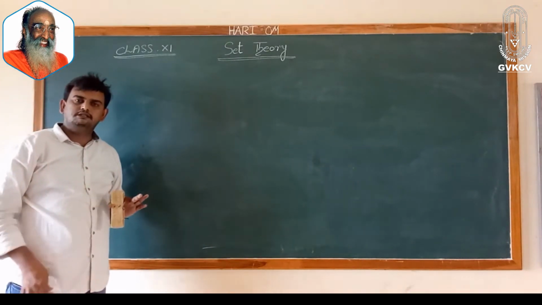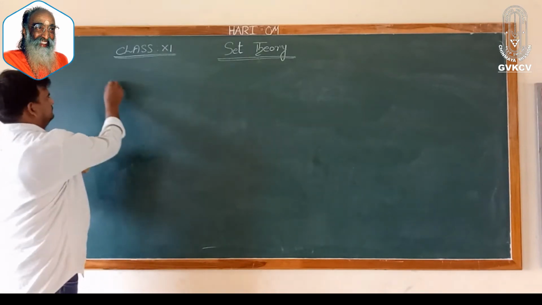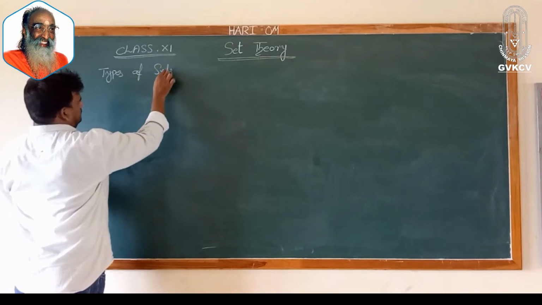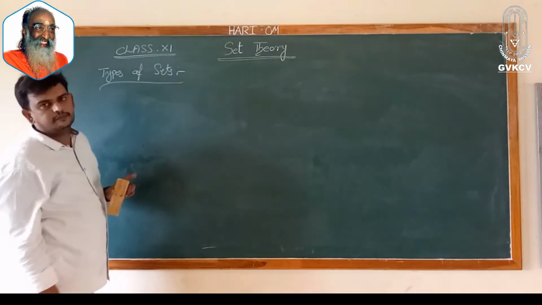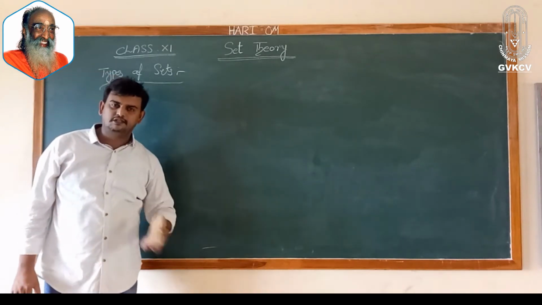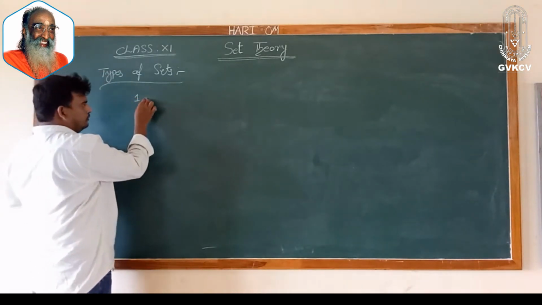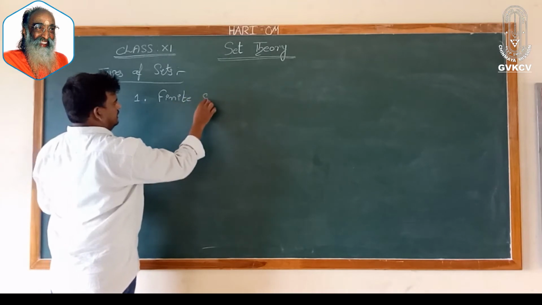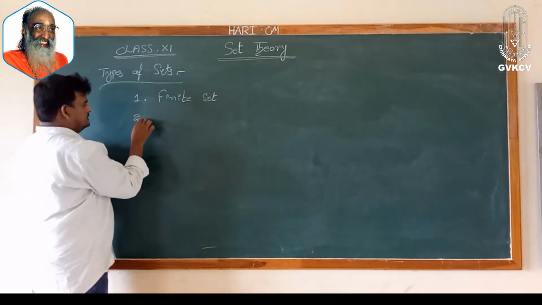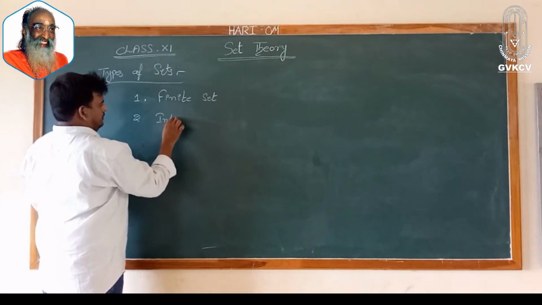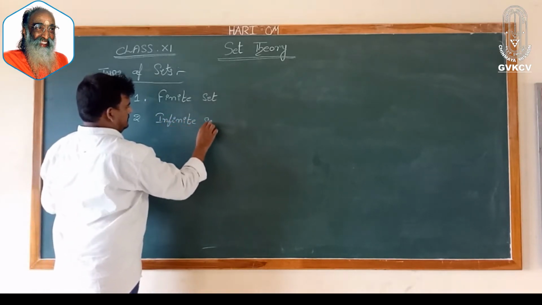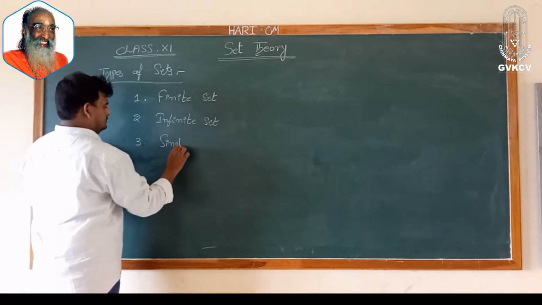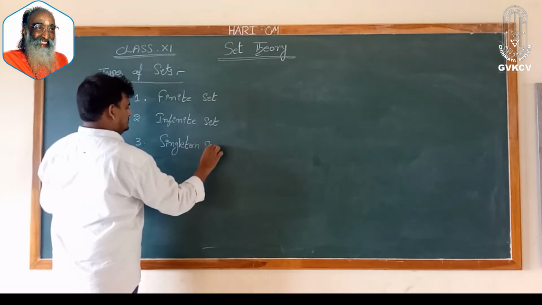Now, today our concept is types of sets. How many types of sets are there and what are they? First, the list we have. The first one we have finite set. And the second one I have infinite set. And the third one we have singleton set.